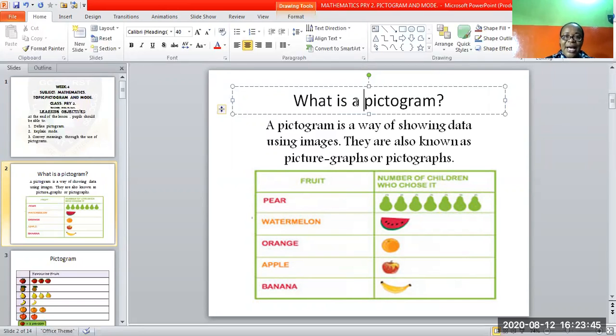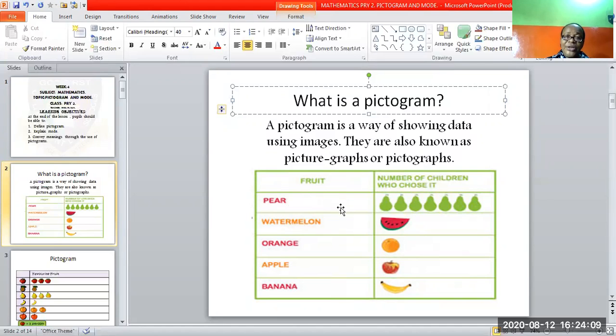Beautiful. Now, look at the example on this slide. We have pear, watermelon, orange, apple, and banana. Representing this in pictures is what we call a pictogram. Now, fruit and the number of children who chose it.